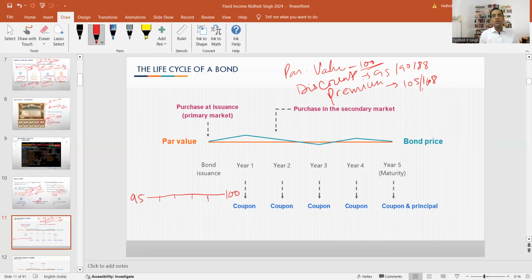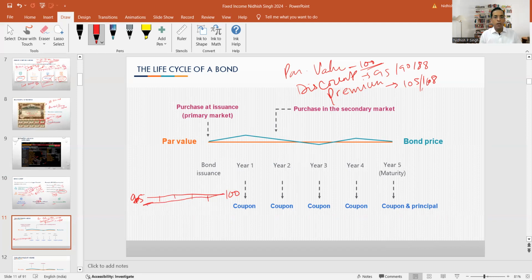So a typical structure of the bond looks like this. So it was, say, issued at a discount. It is supposed to reach 100. So let's say it was issued at a discount here. During the life, the difference will narrow down and it will lead to 100.